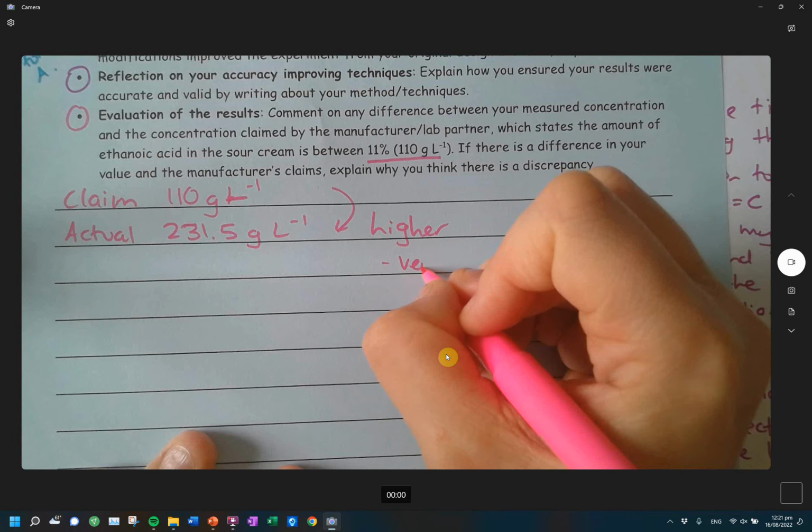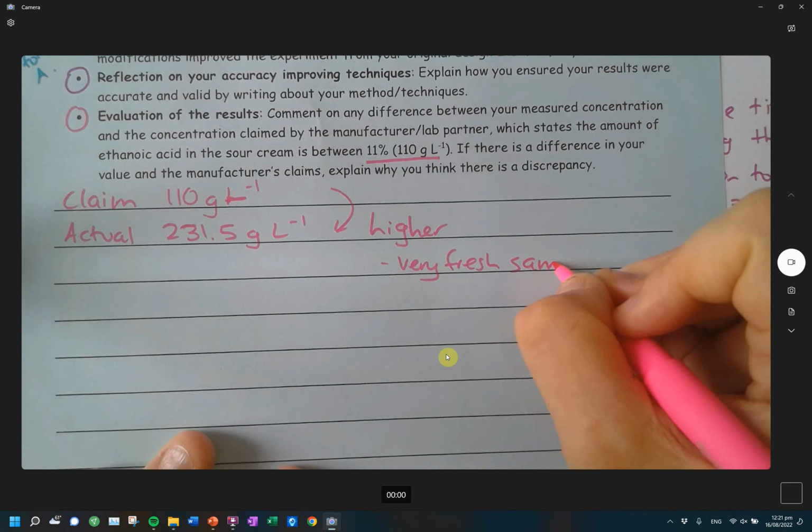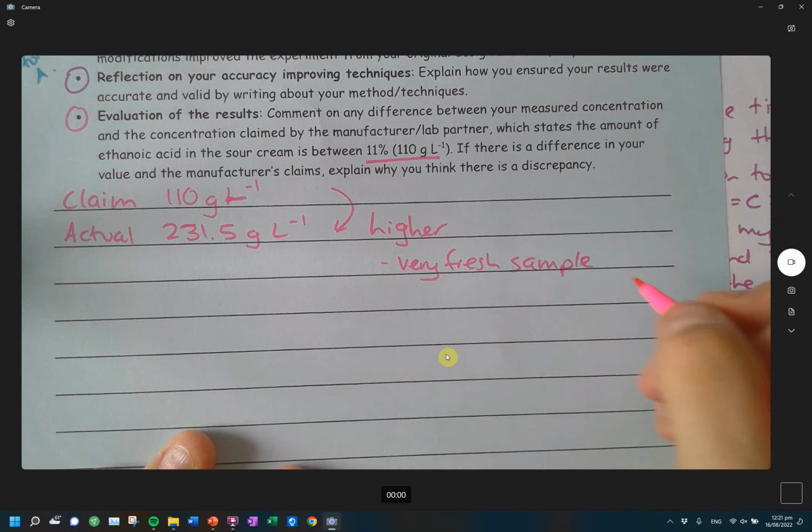It's a very fresh sample and hasn't degraded.